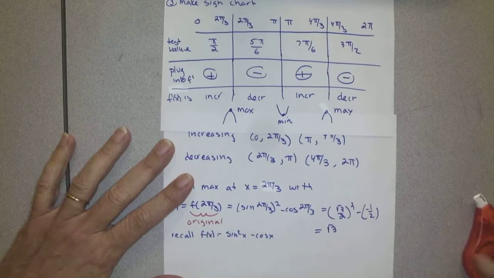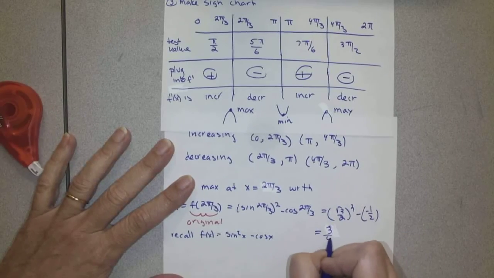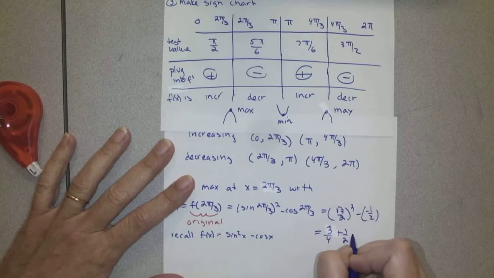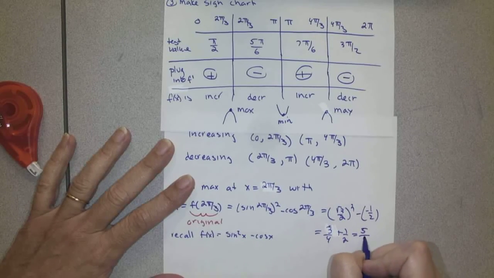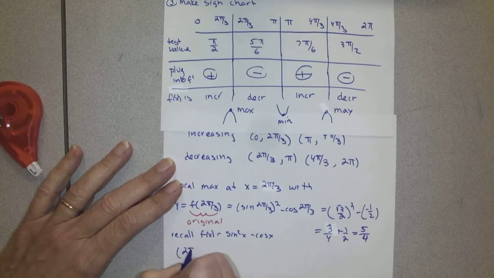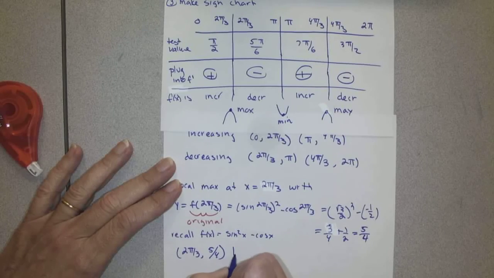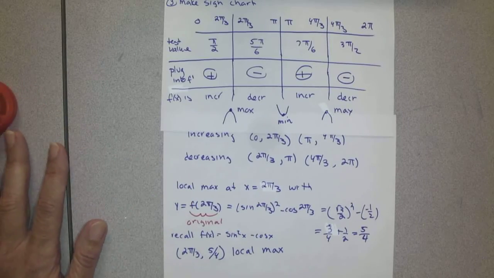So I've got 3/4 plus 1/2, and that's 2/4. So that'd be 5/4. And so the point 2 pi over 3, 5/4 is going to be a local maximum. We'll continue on with this problem on the next video.